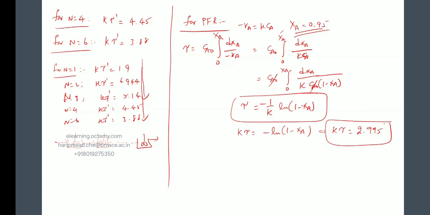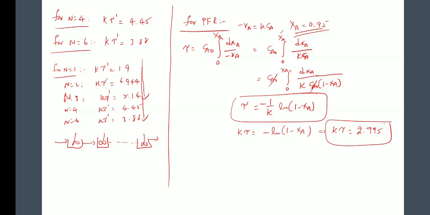So what about the CSTR? If you take only a single CSTR, the k tau dash value is how much? 19. Is it very high or very less? Very high. What is the effect on the volume of the reactor?